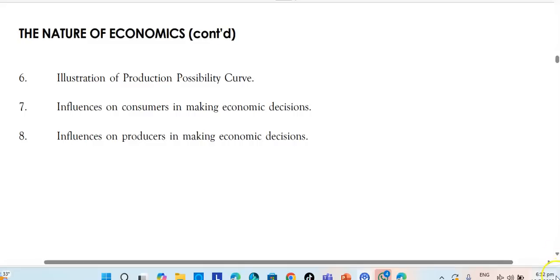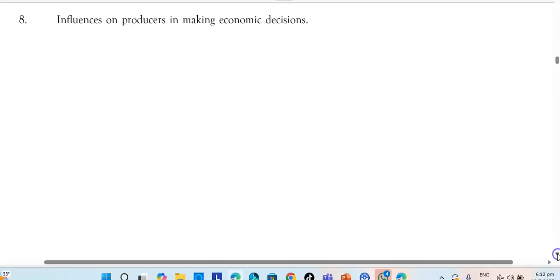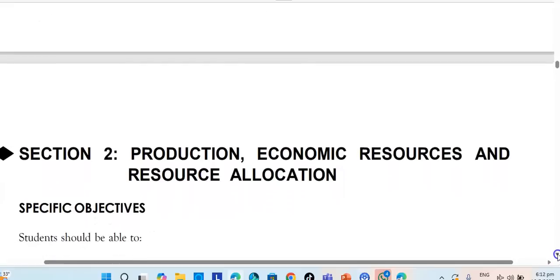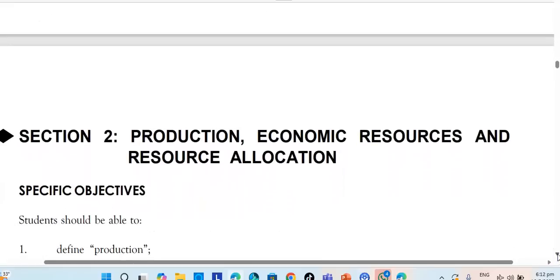The next thing we're going to look at on the syllabus is section 2. So if you get any question from section 2, you should be able to get your full marks for those questions. We're going to look at production, economic resources, and resource allocation.